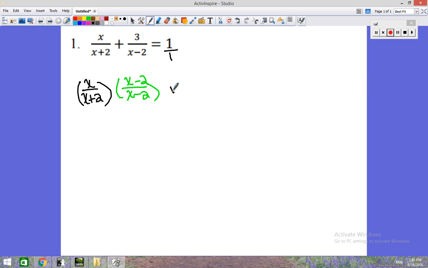So we've seen that early on in just basic math with arithmetic and getting common denominators. That is a common technique, to multiply by 1, but to rewrite 1 where the numerator and denominator are equal to each other. Now here, this term is missing an x plus 2.